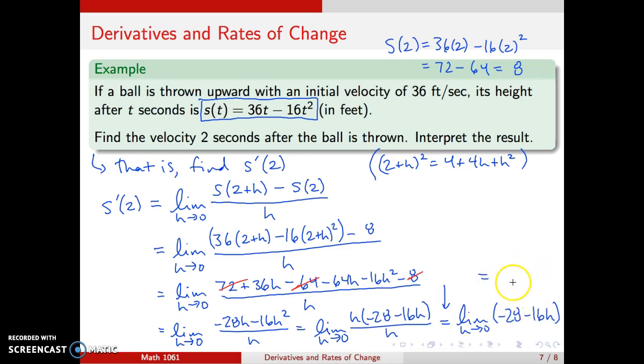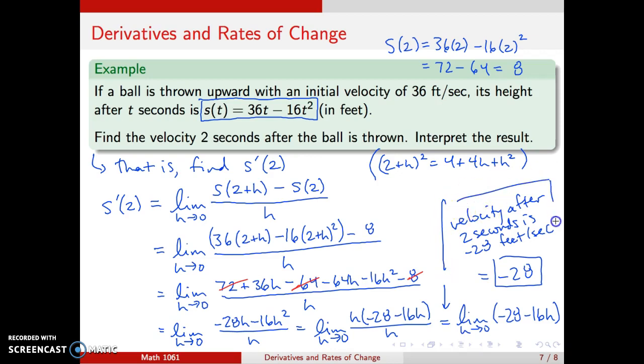And so that limit, I do direct evaluation now because it's just a polynomial, is negative 28. So the velocity after 2 seconds is negative 28 feet per second. Which just means that if it's negative, that it's coming back down. So it's falling back to Earth.